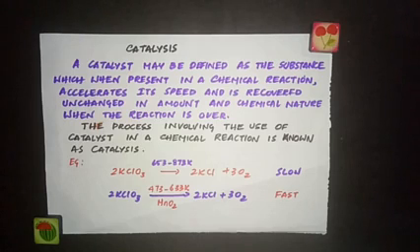You should note one thing: for catalyzing 10 power 8 liters of hydrogen peroxide, you just need 1 gram of catalyst. So when you're using a catalyst for a reaction, only a small amount of catalyst is sufficient to catalyze a particular reaction.